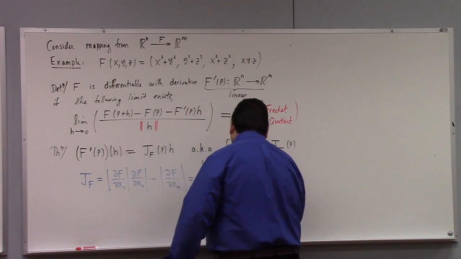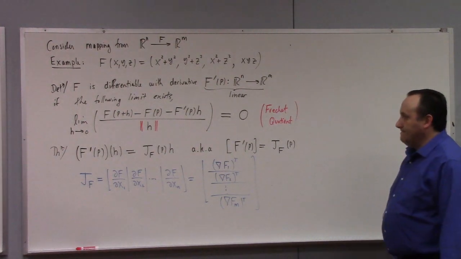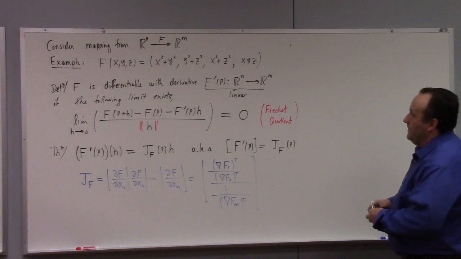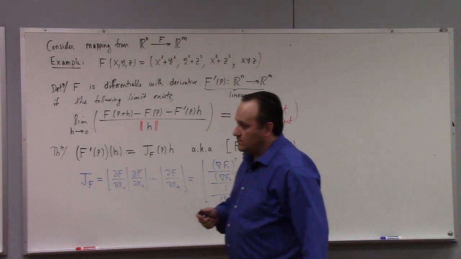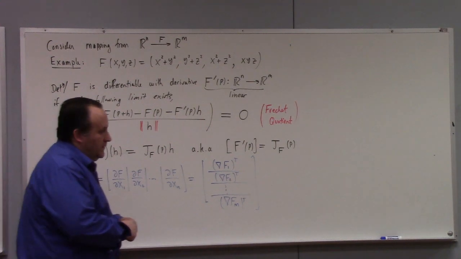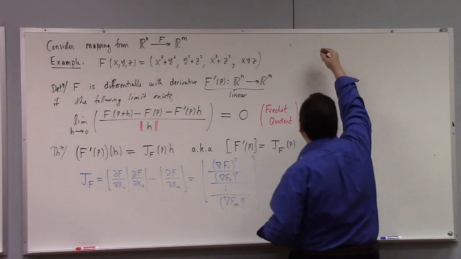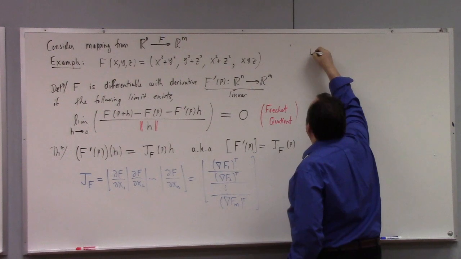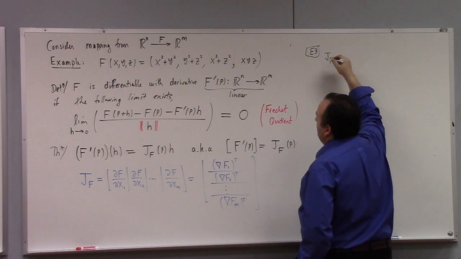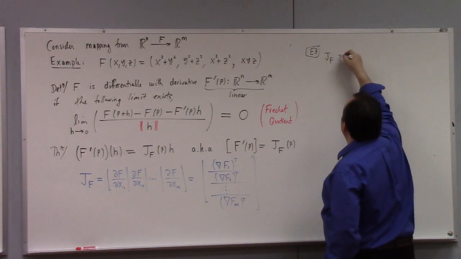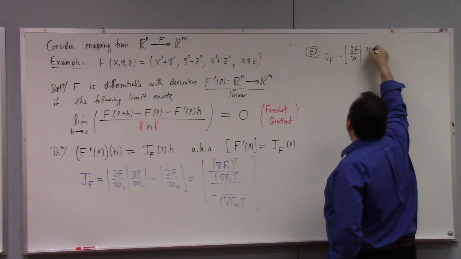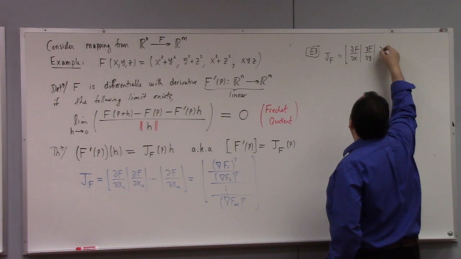There's another way you could look at it. Let's actually calculate it for my example. Example 3, and we'll calculate this example both ways, all right? So what's the Jacobian of F for this guy right here? So I do partial F, partial x, partial F, partial y, partial F, partial z.